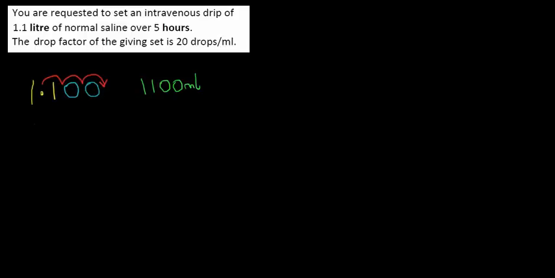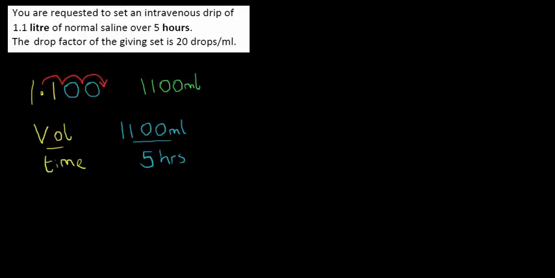Our starting point is always the formula, volume over time. We now have our volume, which is 1100 milliliters over, and the time they've given us is 5 hours.